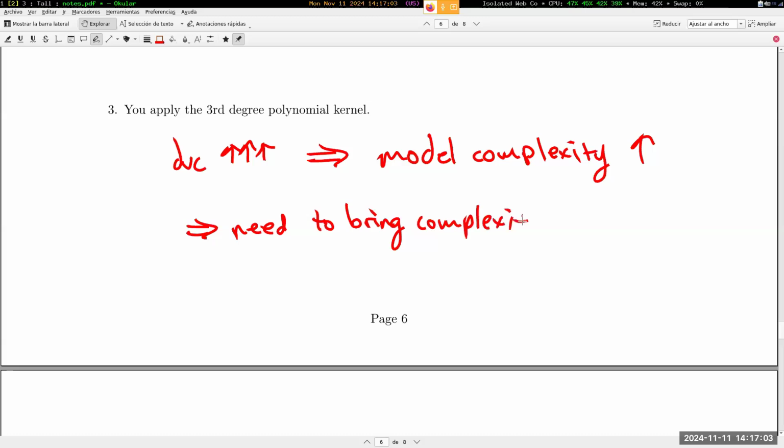Bring complexity down, and we can do that by making C smaller or lambda larger. So if somehow we've made our VC dimension bigger, we can counteract that effect with our regularization terms.